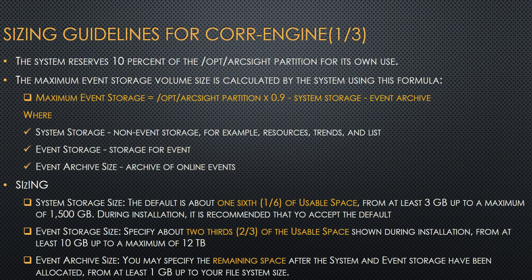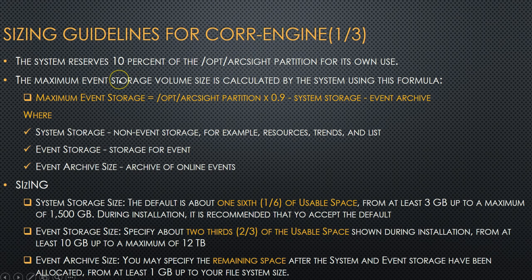So here we're going to take an overview of how the core engine is divided, or what the layout of the partitions of your hard disk is, that you should partition during the operating system installation, so the core engine directories can be allocated efficiently.